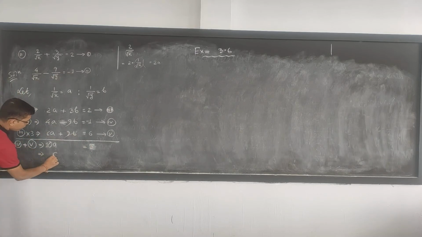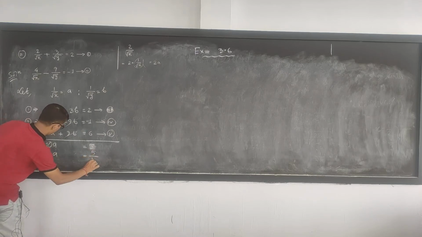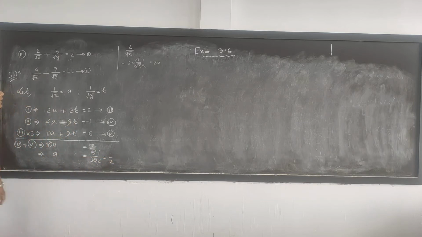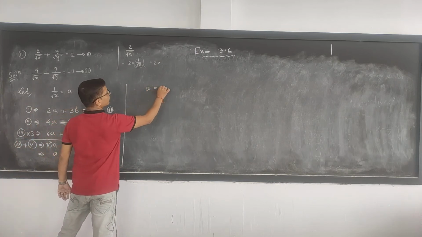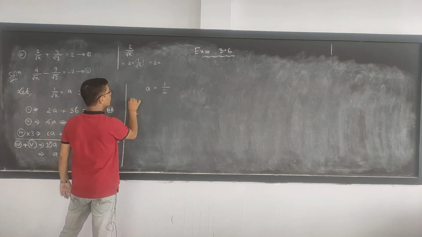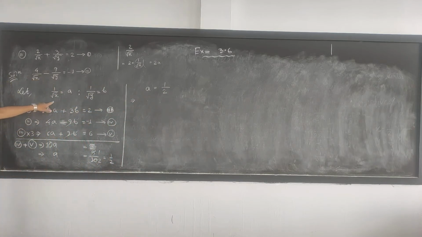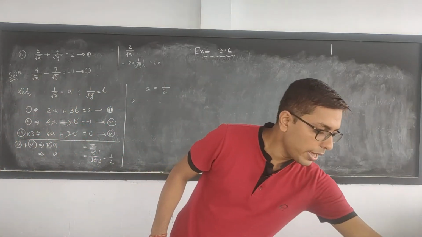So a will be 5 out of 10. Ultimately, if you cancel it, it will be 1 by 2. So the a value is 1 by 2. What did we consider a to be? a was considered as 1 by root over x, isn't it?